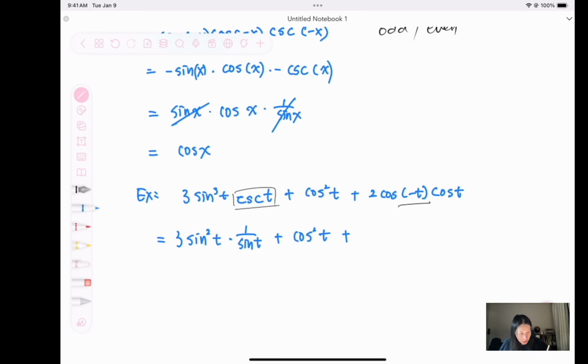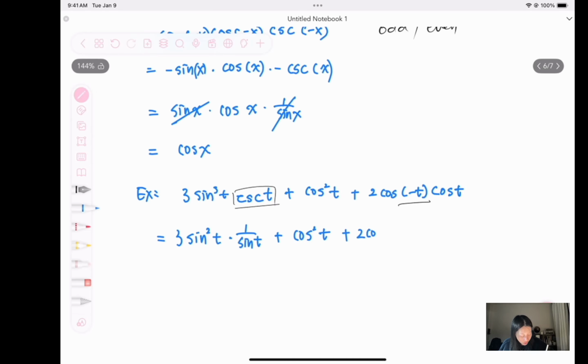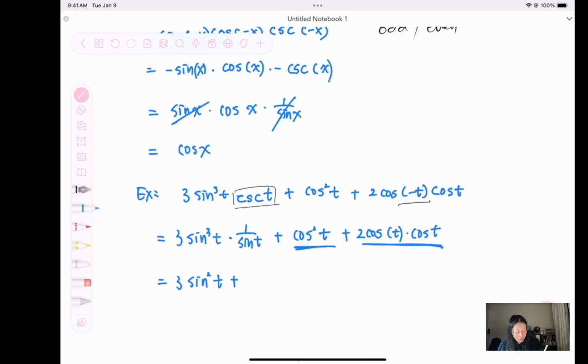So cosine is an even function, so we have cosine t times cosine t. Now let's simplify it again. Sine cubed times 1 over sine t gives you 3 times sine square, plus this 2 times cosine square plus 1 cosine square gives you 3 cosine square.